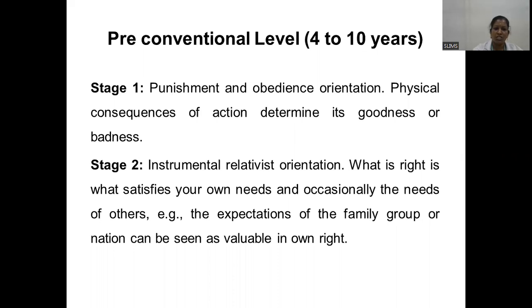So in stage 2, they give preference to what is right, whether satisfying their own needs or depending on others. For example, how family members accept a person, how they work for the family group and for the nation. It varies from family group to nation, and each has its own right.